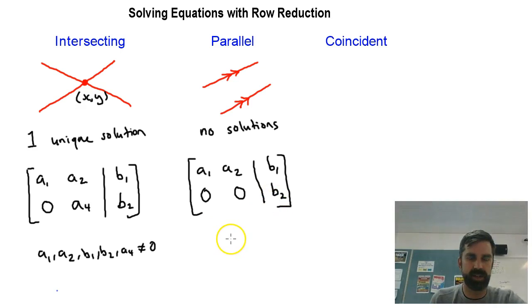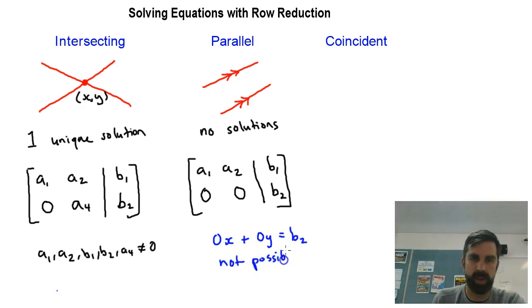That's basically saying that 0x plus 0y equals a non-zero number, and that's not possible.